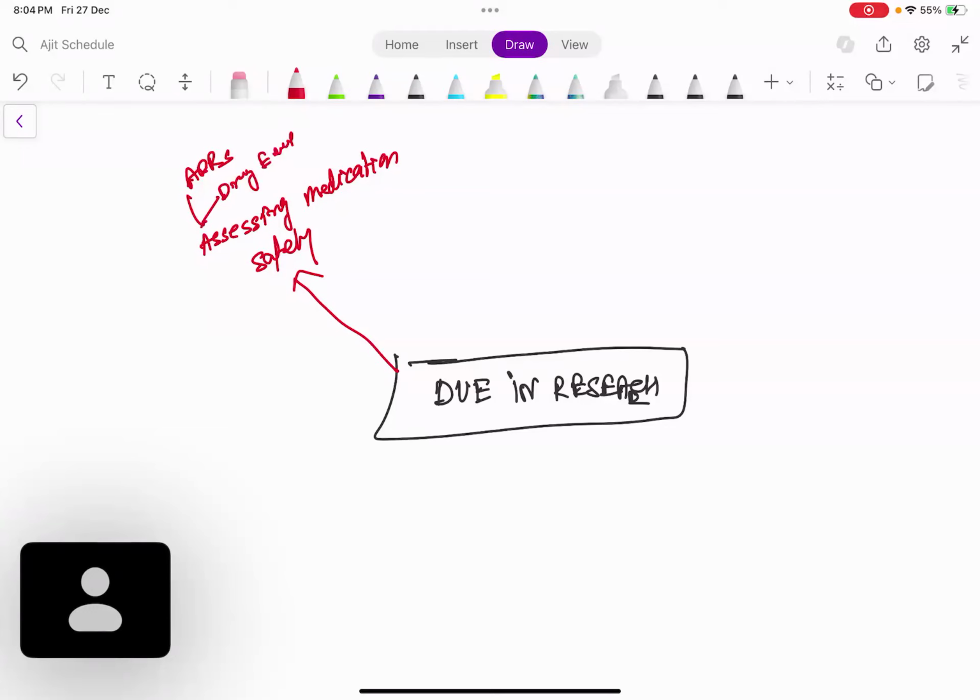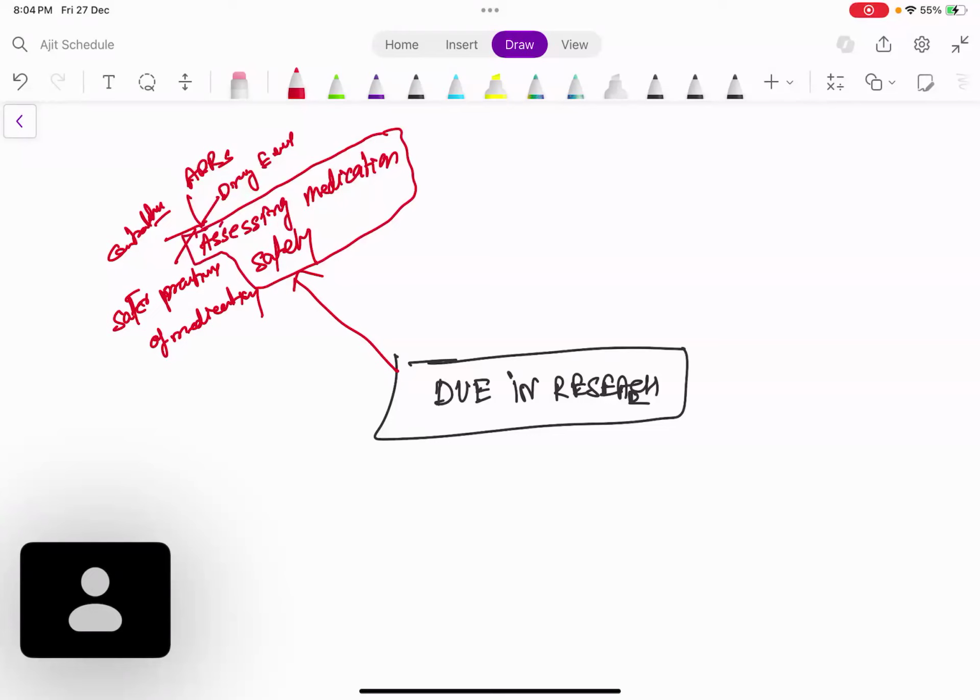Then there are contraindications, so keeping these in mind, you can work on them. And then safer prescribing practices, safer practices of medication. So the first thing to keep in mind is assessing medication safety.